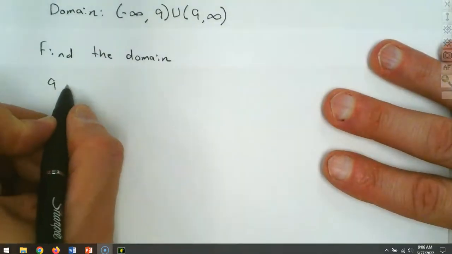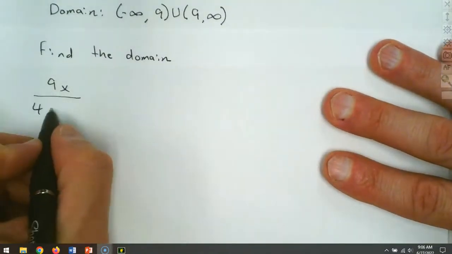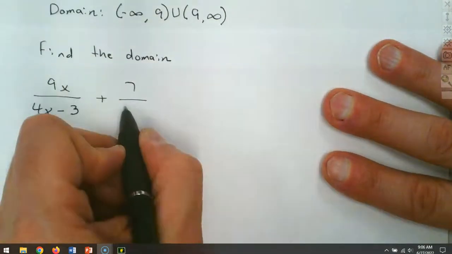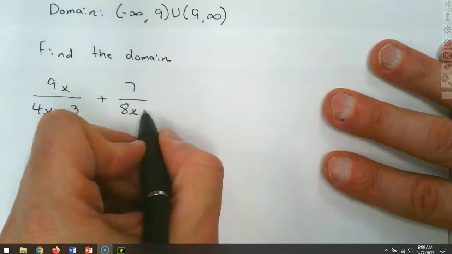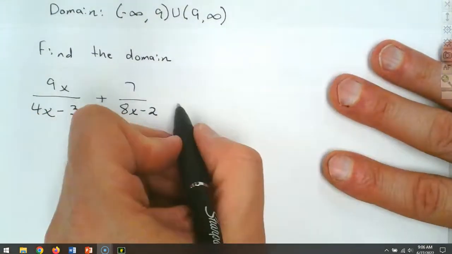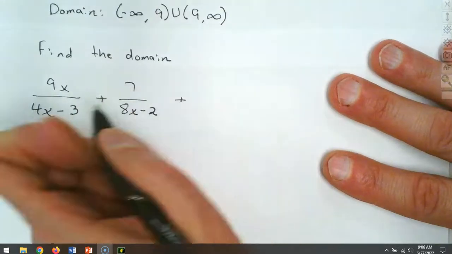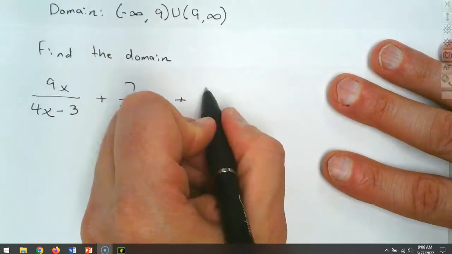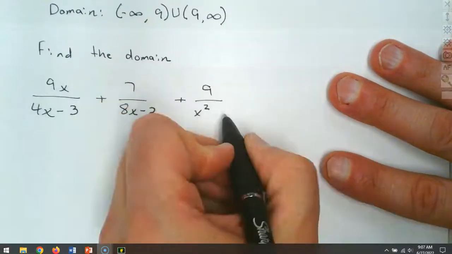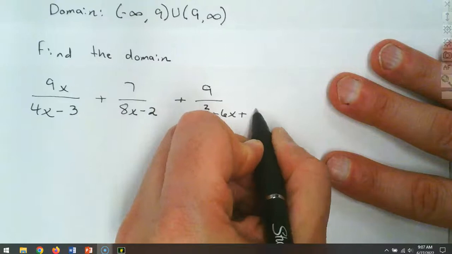How about 9x over 4x minus 3 plus 7 over 8x minus 2. How about plus 9 over x squared plus 6x plus 5.